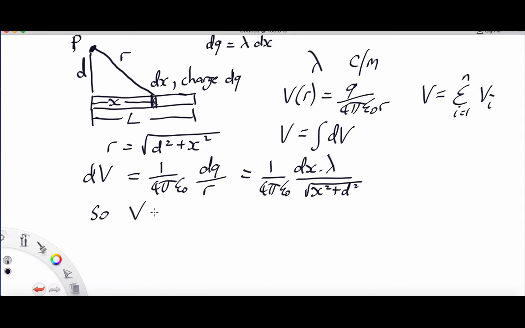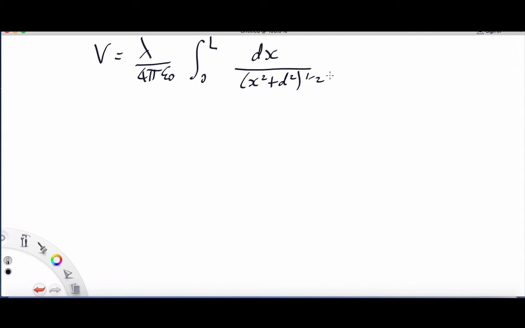So V is going to be the integral from 0 to L, 1 over 4 pi E naught lambda times dx over the square root of x squared plus d squared.